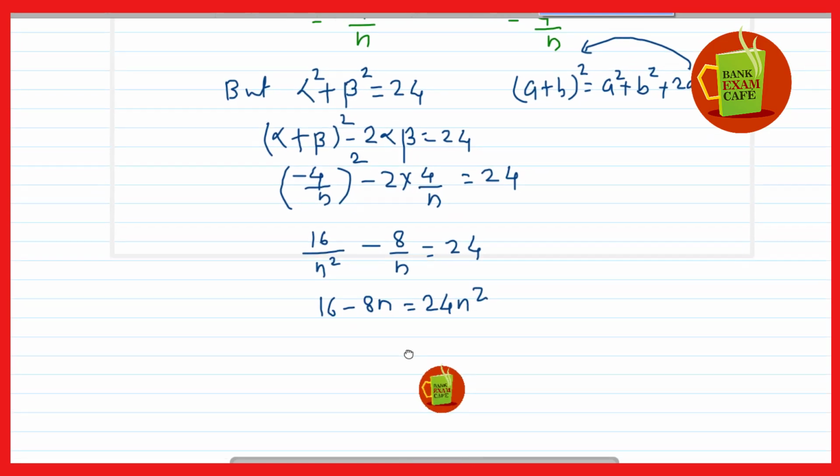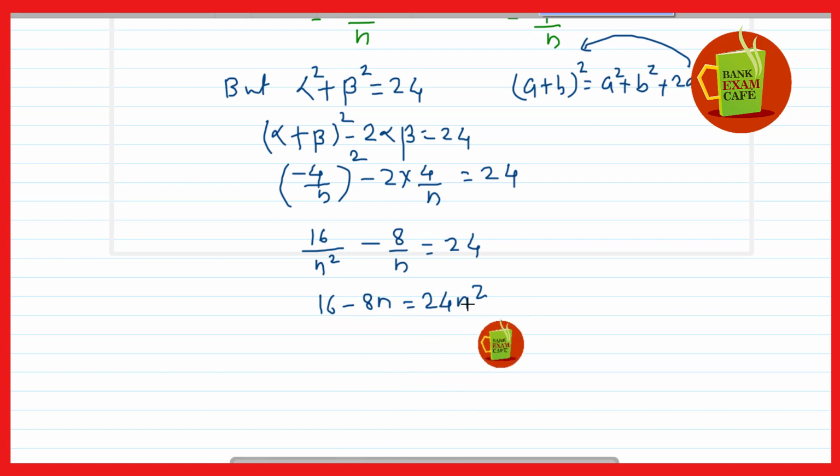If you write this in standard form, you will get 24n square plus 8n minus 16 equal to 0. Now 8 is a common factor, so divide by 8 throughout the equation.